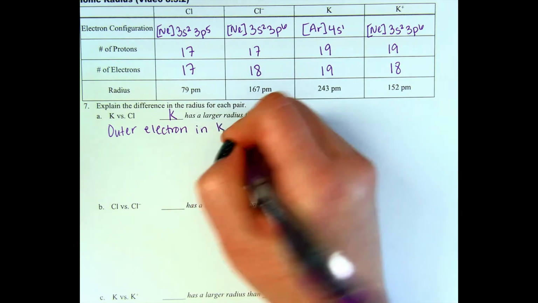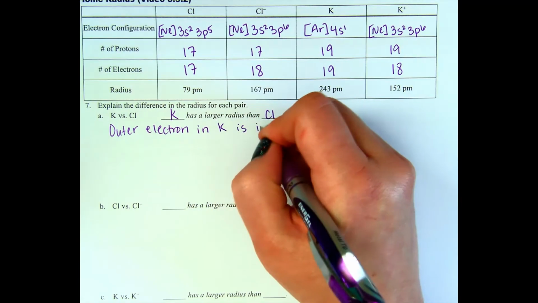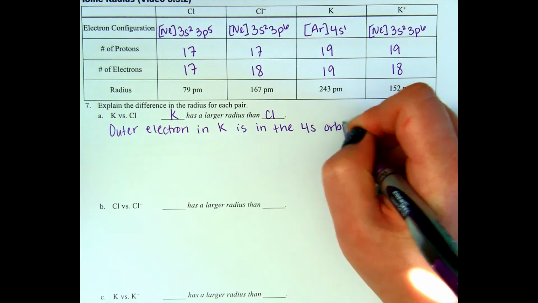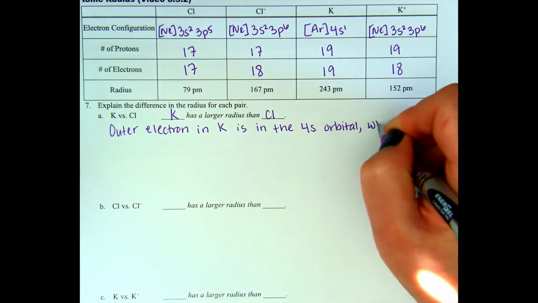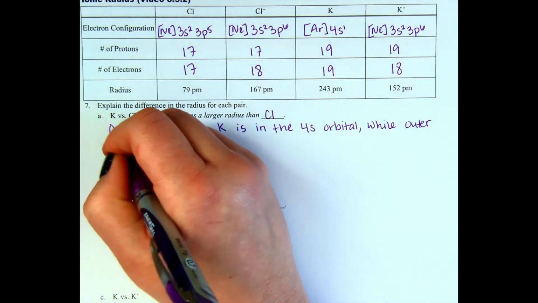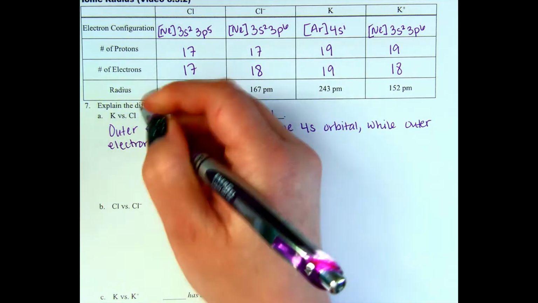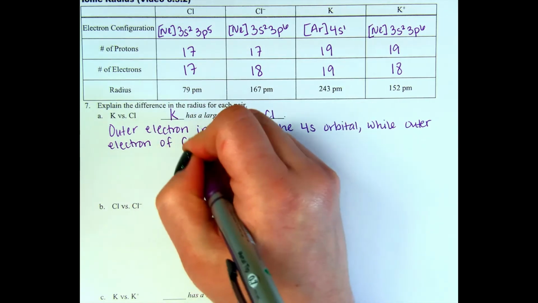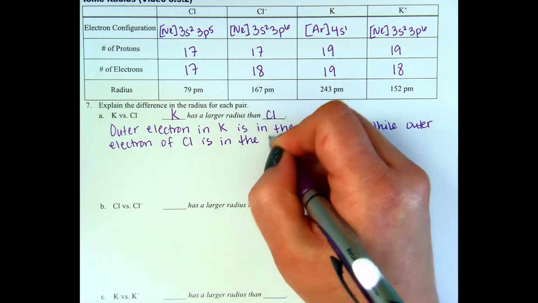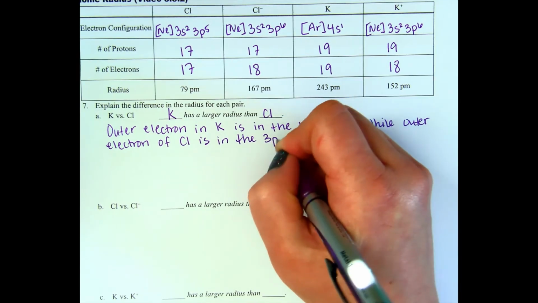So the outer electron in potassium is in the 4s orbital, while the outer electron of chlorine is in the 3p orbital.